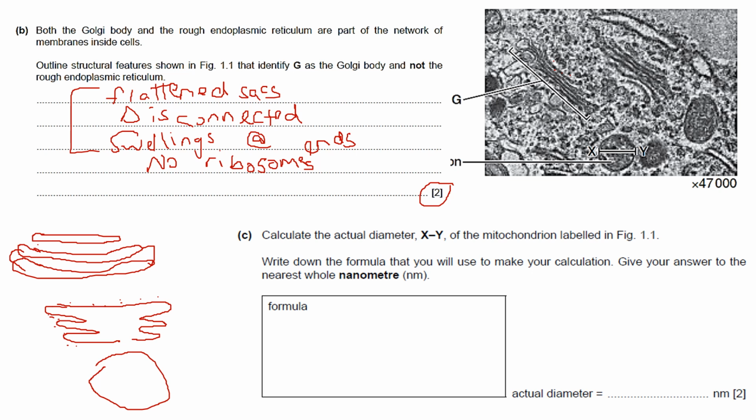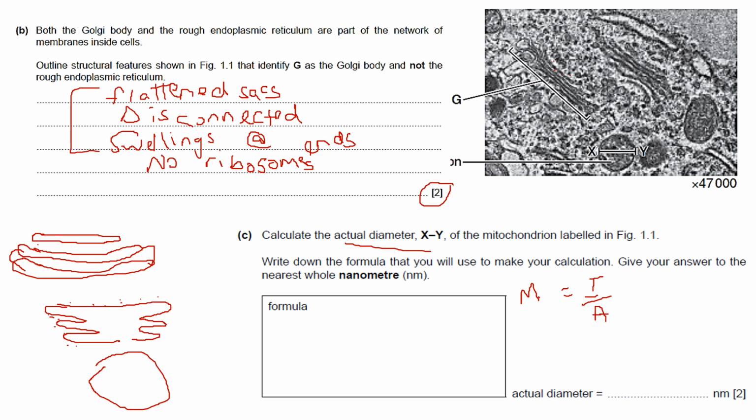It says here, calculate the actual diameter x to y of the mitochondrion labeled in figure 1.1. I'm not going to do the actual calculation because, having copied and pasted and cropped the image, I don't have the actual size. But when you are told to calculate the actual diameter, you need image length and actual length, and you know that magnification is equal to image length over actual length.